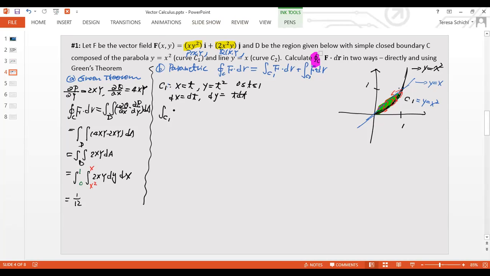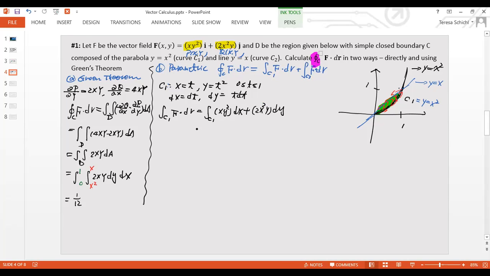So the integral over C1 of F dot dR is going to be equal to the integral over C1 of P(x,y), which is xy squared dx, plus Q(x,y), which is 2x squared y dy.